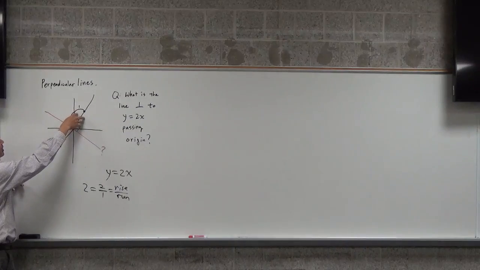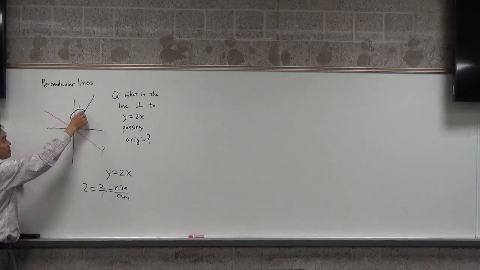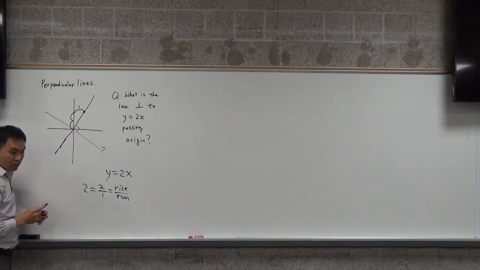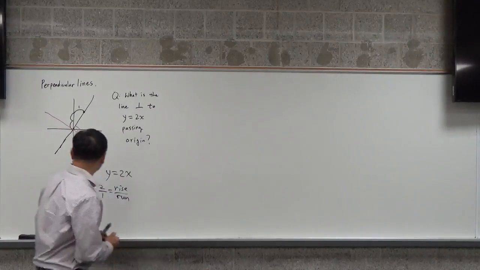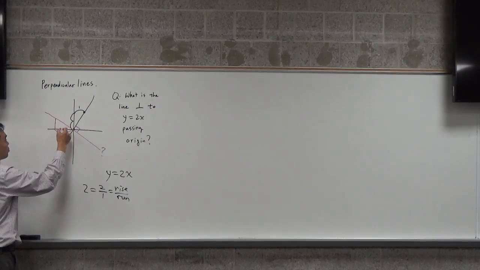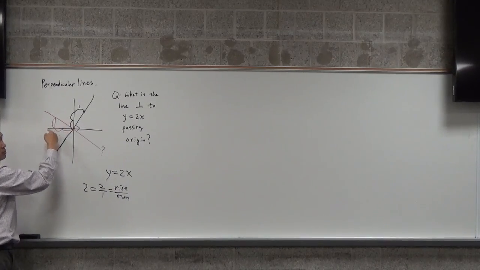It's like taking this and rotating 90 degrees over here, right? So if you take this triangle and rotate it 90 degrees, you would get another triangle like this. So you have 2 going this way and going up by 1, right?